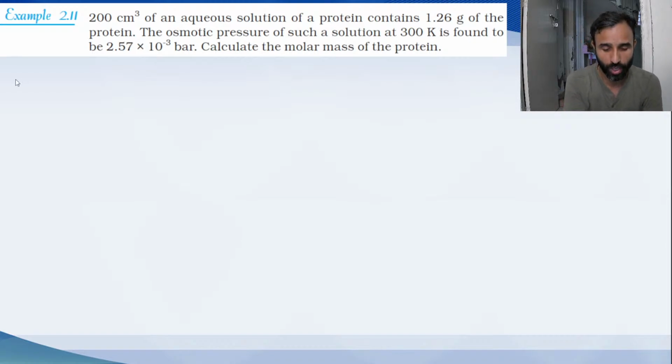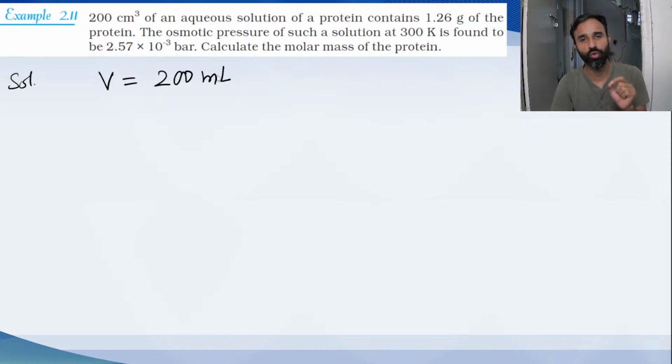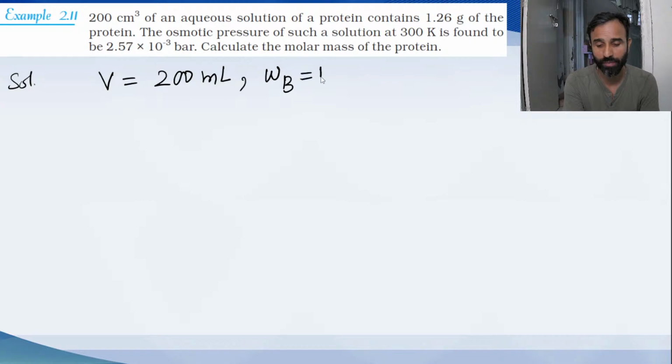Means the volume of the solution is given to us, and that is 200 ml. 200 cubic centimeter means ml. So 200 ml of an aqueous solution of a protein contains protein 1.26 gram. So WB, because I'm taking solute as B, is 1.26 gram.